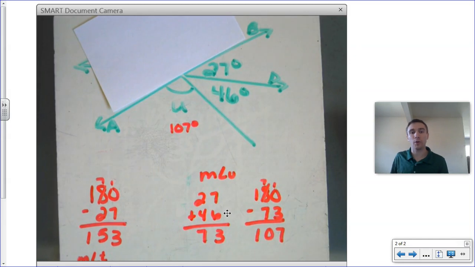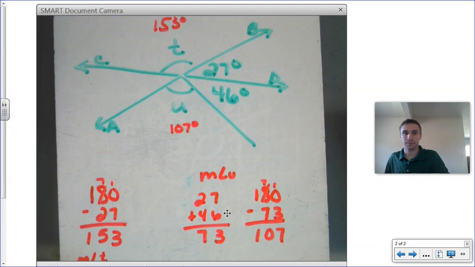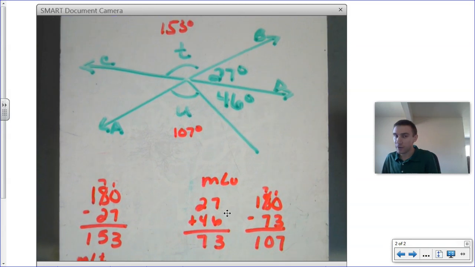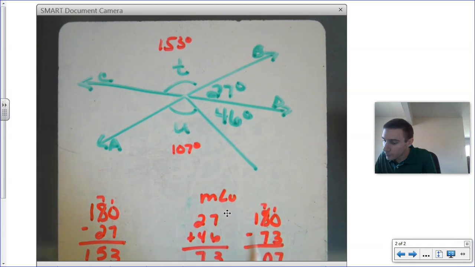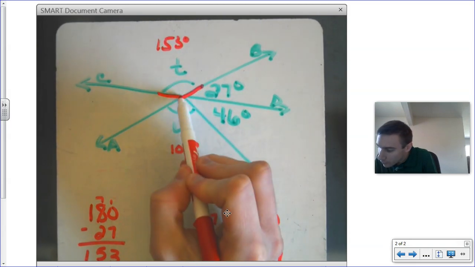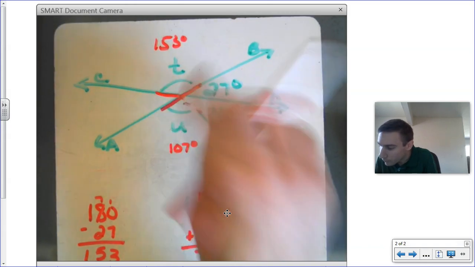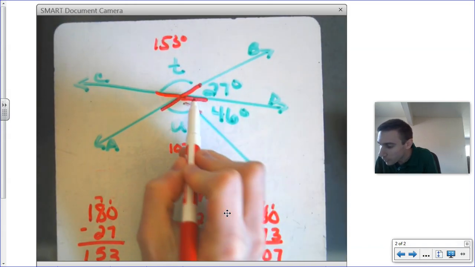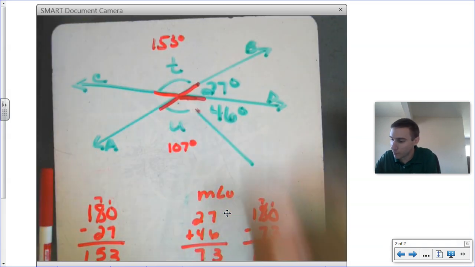There's actually another way that I can check this problem and make sure that my answer works out. So what I'm going to do is take a look at vertical angles. Now I know that this here is a vertical angle to this, oops, not this one, sorry, this one here. Put my line back.